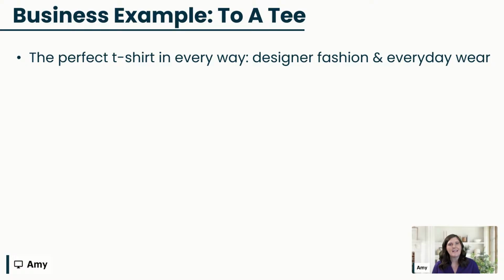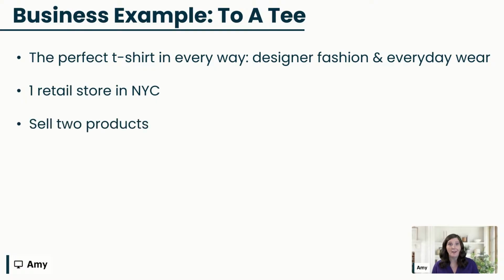This business has one retail store, and that retail store is in New York City, here where I live. And they only sell two products, a men's t-shirt and a women's t-shirt, both in black. So I know that this example is pretty realistic, Amy. But I wanted to keep the numbers nice and easy so we could really track to see what's going on. The purpose of this is to understand what each of these lines in the P&L mean and how we can affect them.